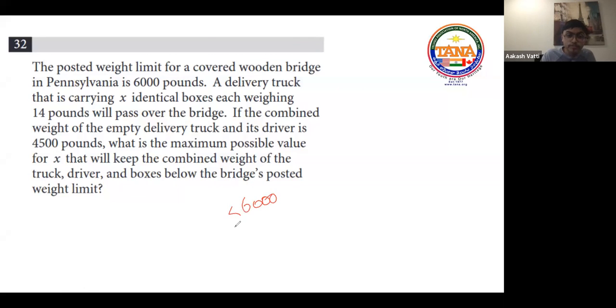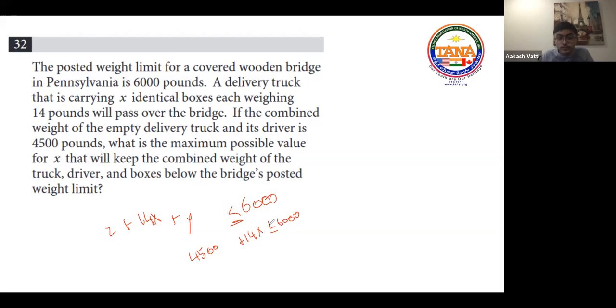So you have something less than or equal to 6,000, and then you have a delivery truck, so weight of truck I'll say is Z, plus 14 boxes X, plus driver, which I'll say is Y, is less than or equal to 6,000. You know the combined weight of the empty delivery truck and the driver is 4.5K. So Z and Y combined is 4.5K, 4,500 plus 14X is less than or equal to 6,000.